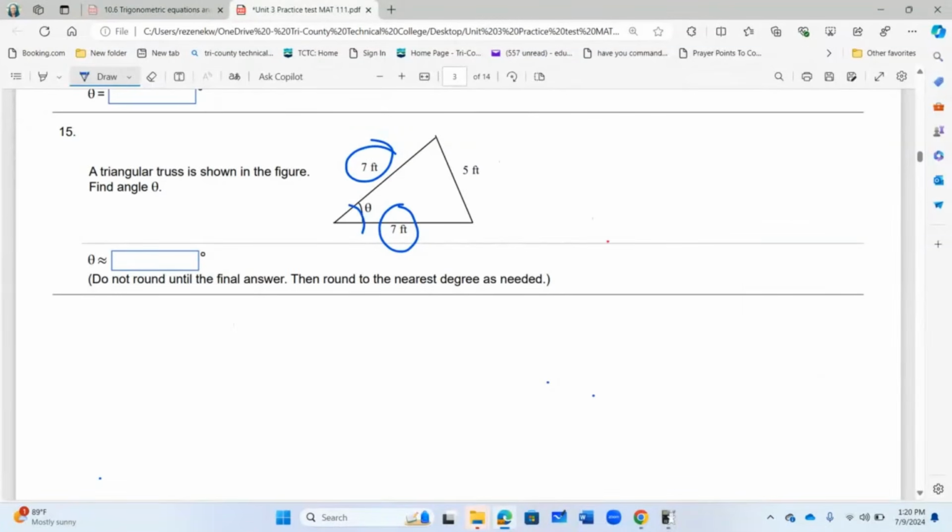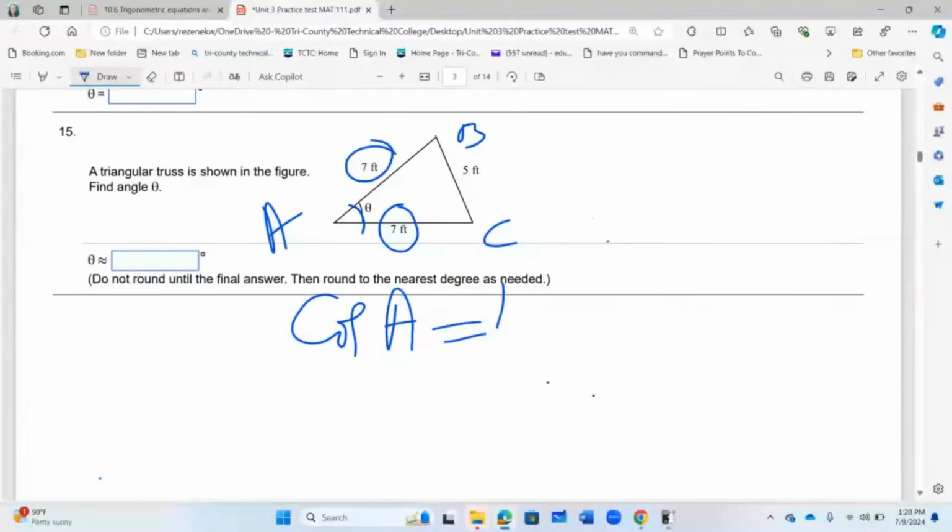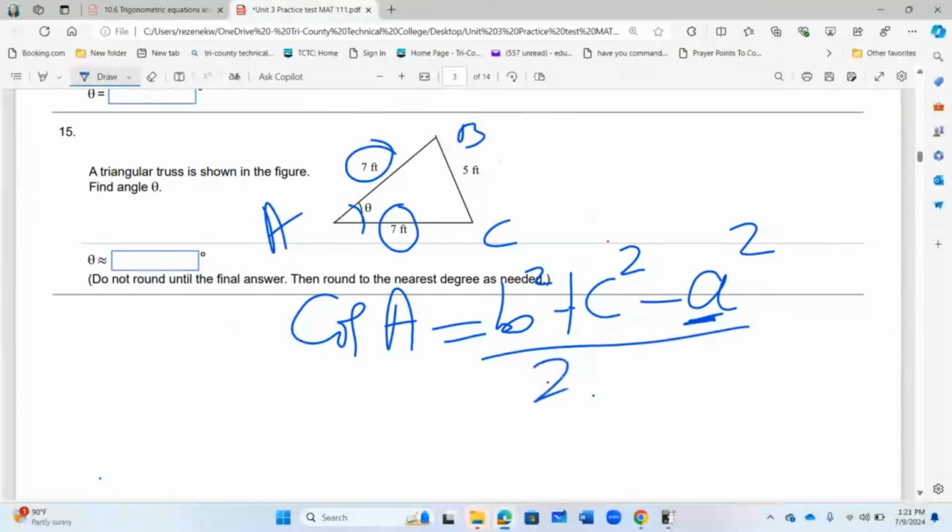So let's name this triangle A, B, C, and I'm looking for cosine of angle A. So I will have B squared plus C squared minus A squared, because I'm looking for cosine of A, divided by 2BC.